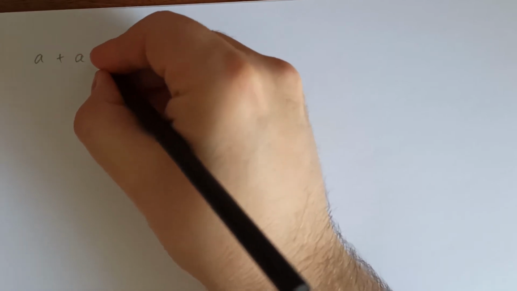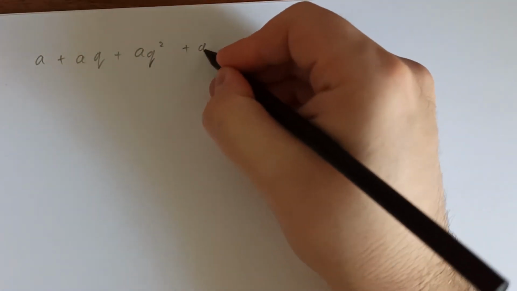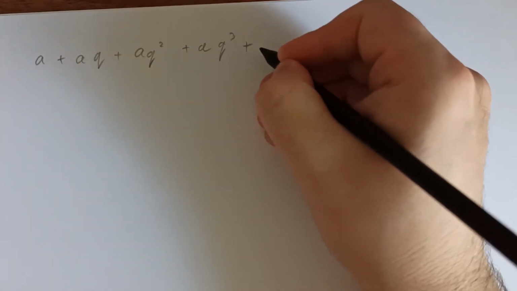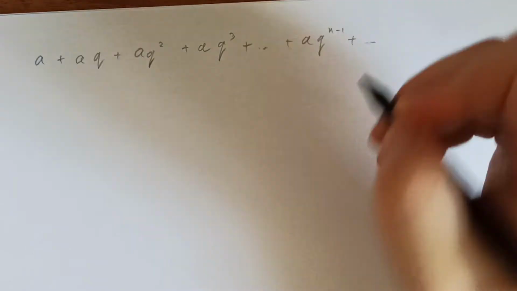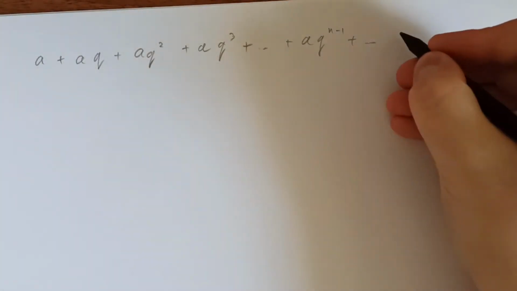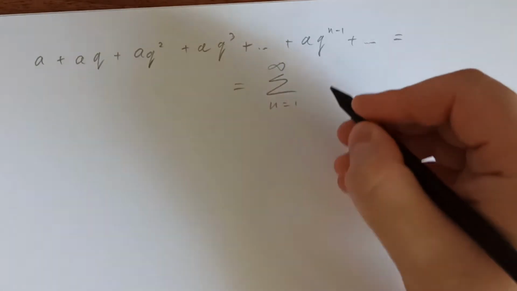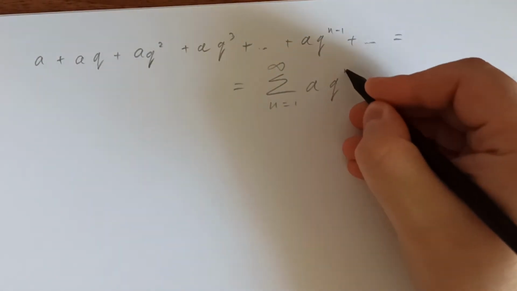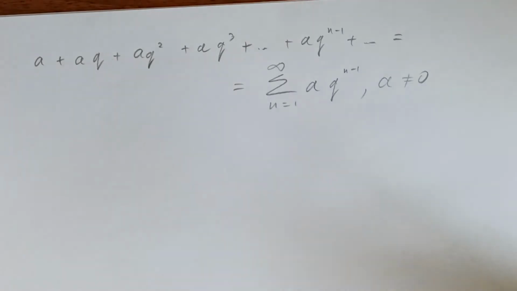Let us introduce one more series. a plus aq plus aq squared plus aq cubed plus so on plus aq to the power n minus 1 plus so on, which can be written as sum n from 1 to infinity of aq to the power n minus 1, where a is non-zero.